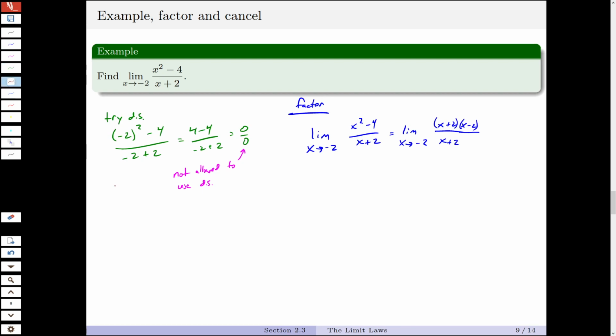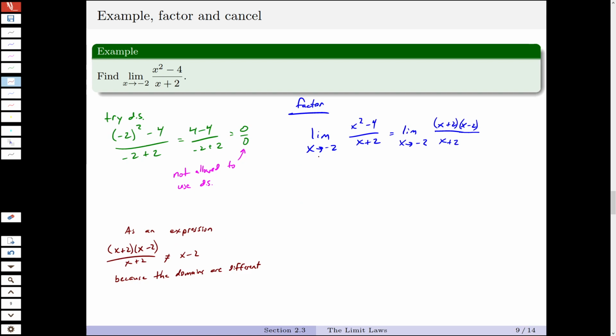As an expression, x plus 2 times x minus 2 over x plus 2 is not equal to x minus 2, because the domains are different. What's the difference? Well, on the left, I can't plug in negative 2.